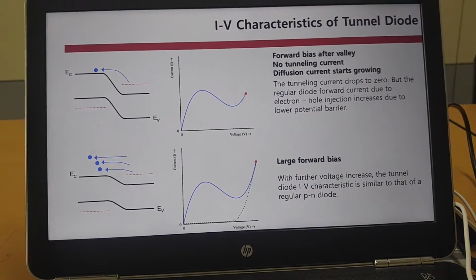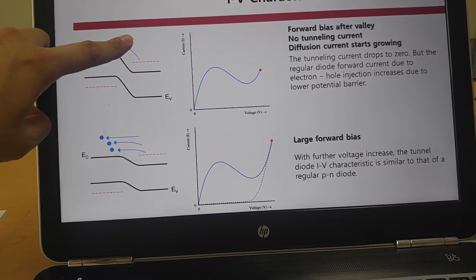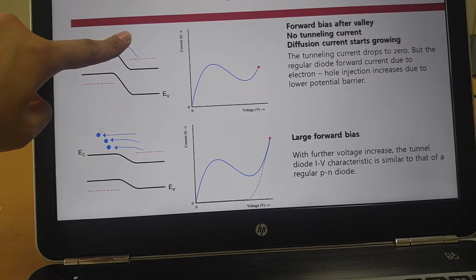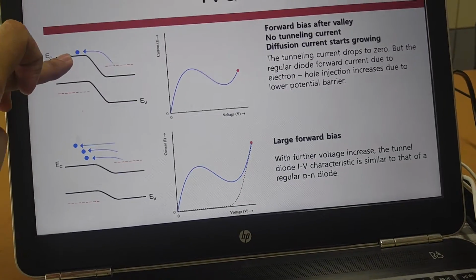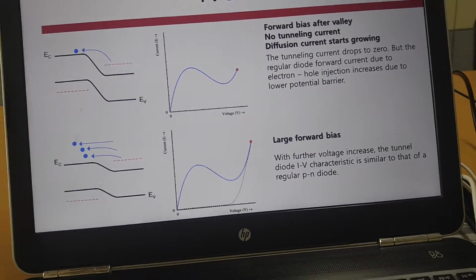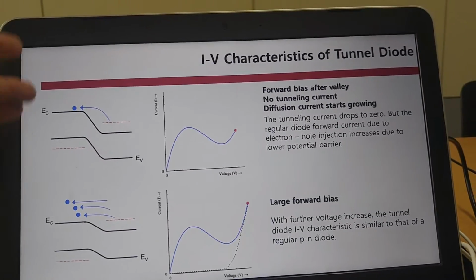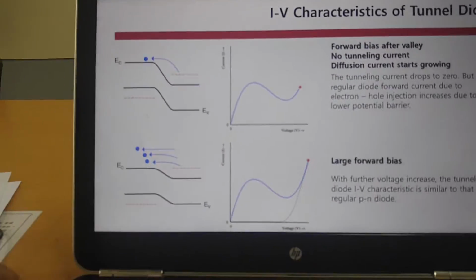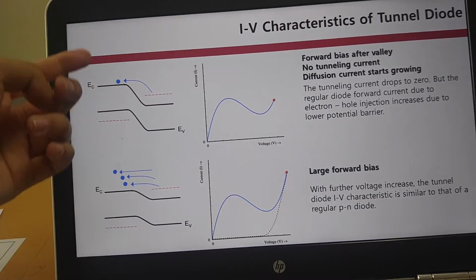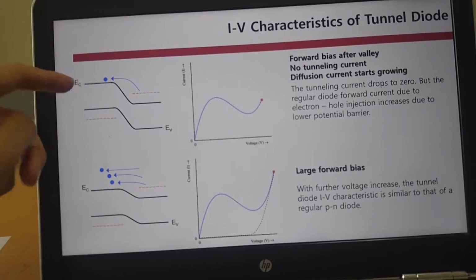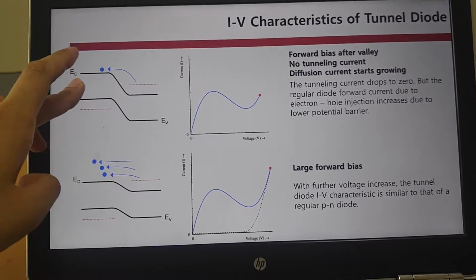As the n-side Fermi level is increased here and becomes near the p-side conduction band, electrons will start to flow to the p-side conduction band because the Fermi level is getting near to the conduction band of the p-side.